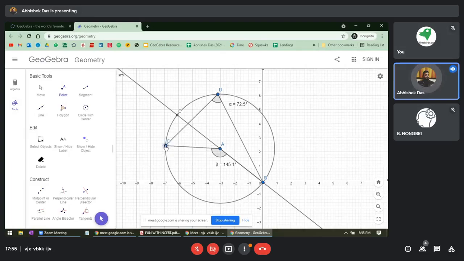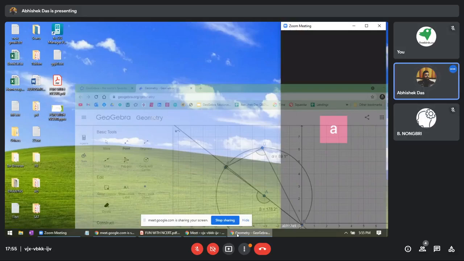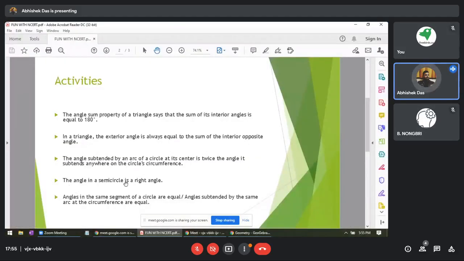As I move this point C towards E, you can see the angle in this semicircle almost turns to 90 degrees. Right? Now this is our third proof, which is the angle in a semicircle is always a right angle.